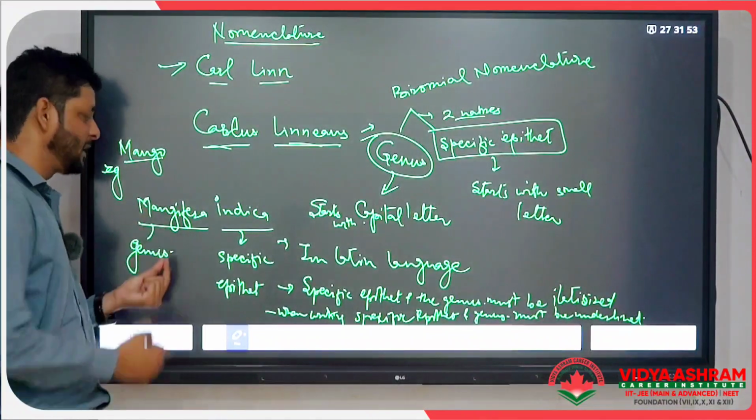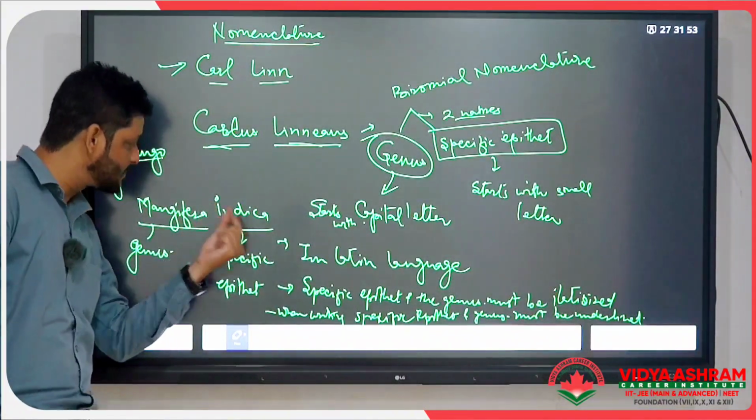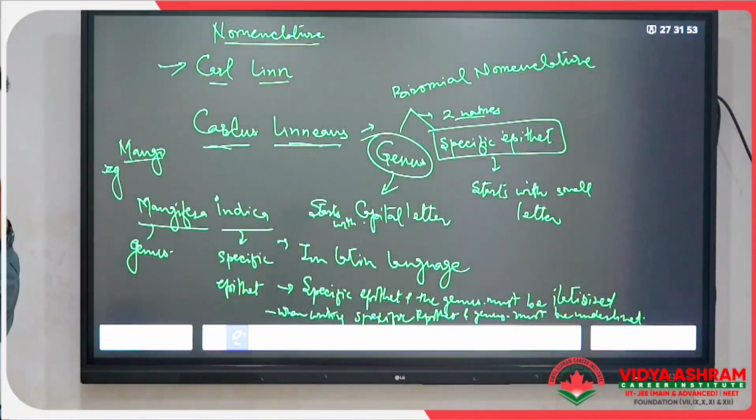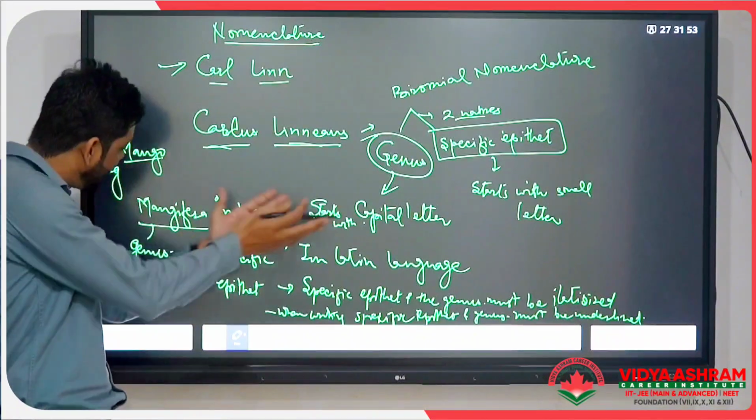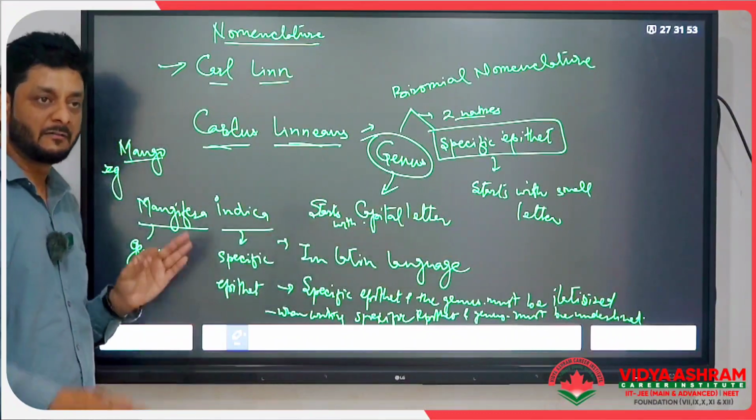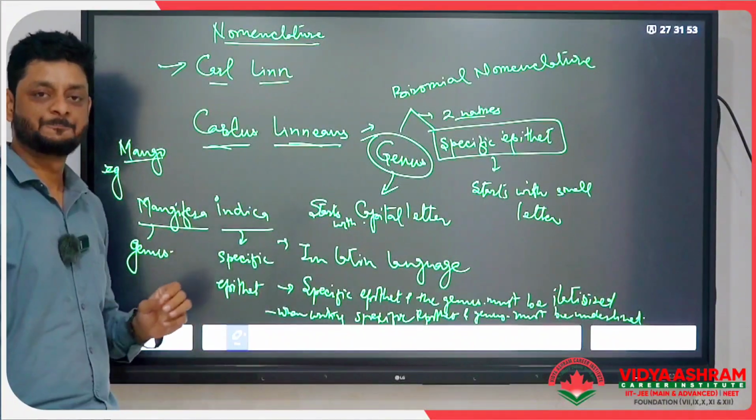This starts with a capital letter, this starts with a smaller letter. I underline it very carefully because I cannot write it in italics. Whenever you write, you must underline it.